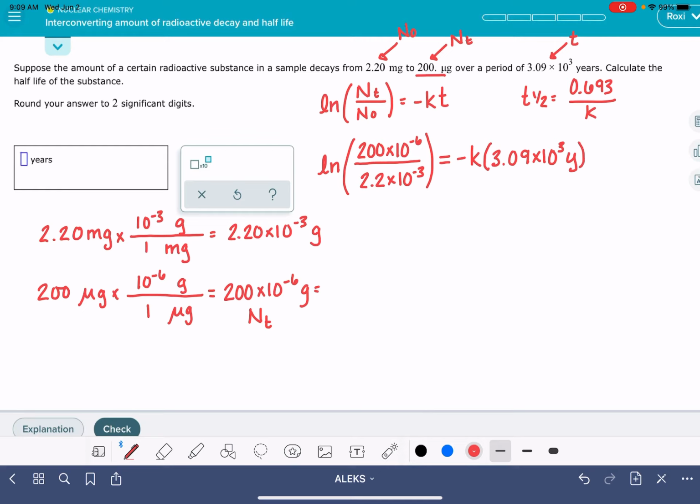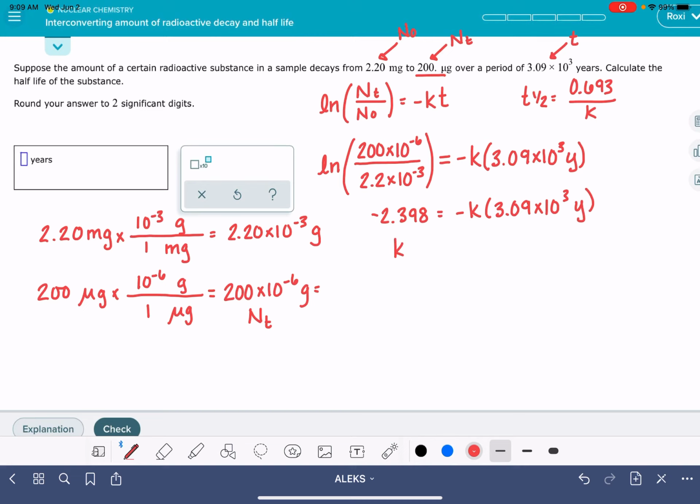And I'll begin by solving the stuff on the left-hand side, the natural log. 200 times 10 to the minus 6 divided by 2.2 times 10 to the minus 3, and take the natural log of that, and I get negative 2.398, and that is equal to negative k times 3.09 times 10 to the third years.